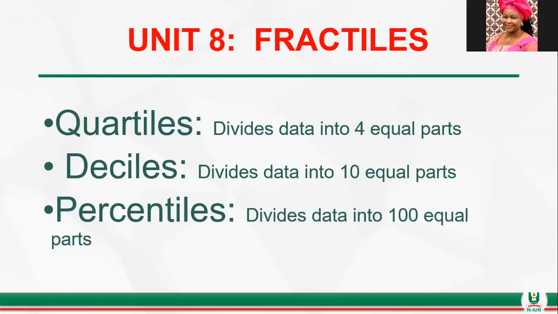We go ahead to define the quartiles, saying that it measures the spread of values above and below the mean by dividing the distribution into 4 equal groups. And for the deciles, it measures the same as the quartiles, but it divides the distribution into 10 equal parts.